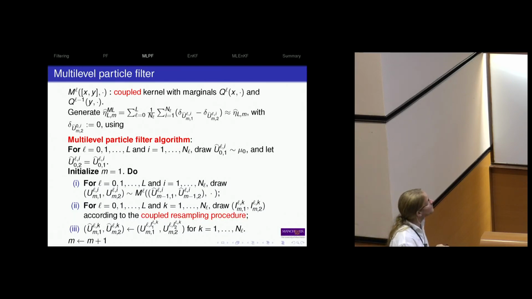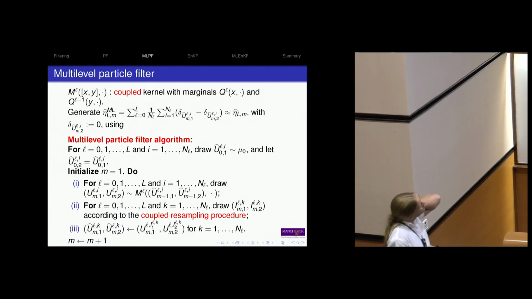Now I've, for your convenience, used one l here for level l and then a 1 and a 2 for the fine and the coarse. Before I was using an l and l minus 1, but there was a bit of redundancy when you go from one level to the next with that method. But so here this is fine at level l, coarse at level l.